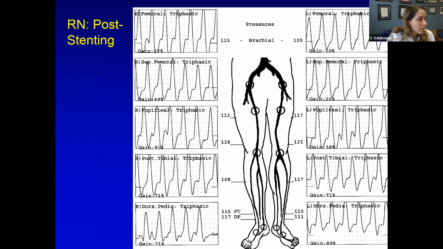And then post-stenting, this is Doppler flow, showing improved or normal blood flow in both extremities. And as you see here, the ABI has normalized now with higher systolic pressures in both lower limbs.